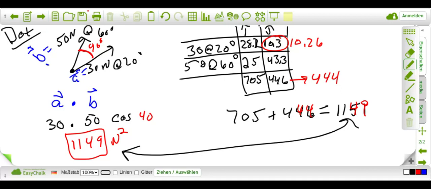The next topic is the cross product. And before we go to the cross product, I'm going to stop for a moment and let you think about that. Okay, so now we're going to move on to the cross product.